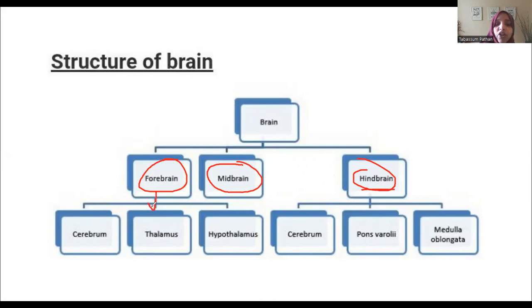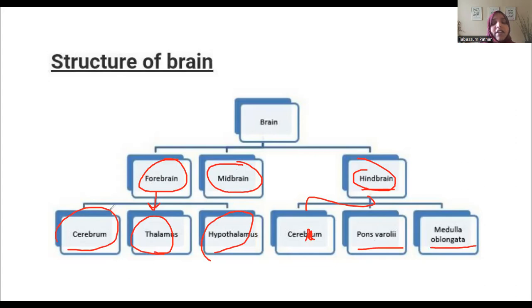The forebrain is further divided into smaller portions, the cerebrum, the thalamus, and the hypothalamus. Midbrain is the smallest part, it's just the midbrain, that's all. And then the hindbrain is further having three regions, the cerebellum, sorry, this is cerebellum, not cerebrum. Cerebellum, pons varolii, and medulla oblongata.